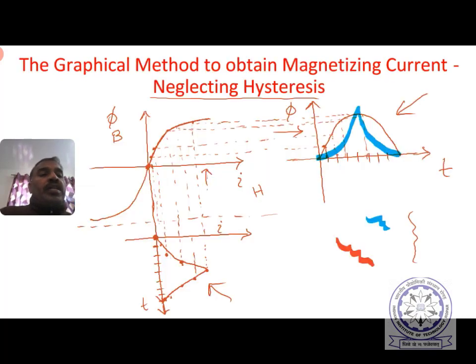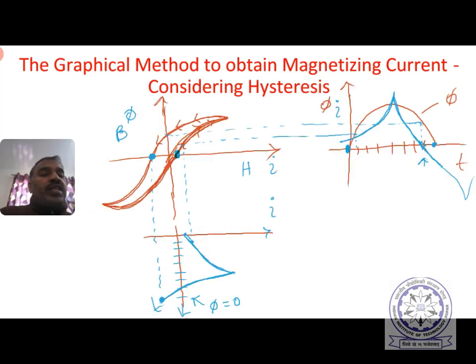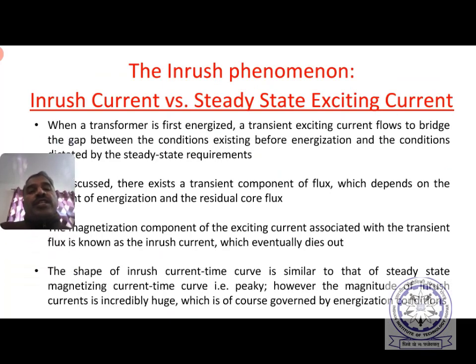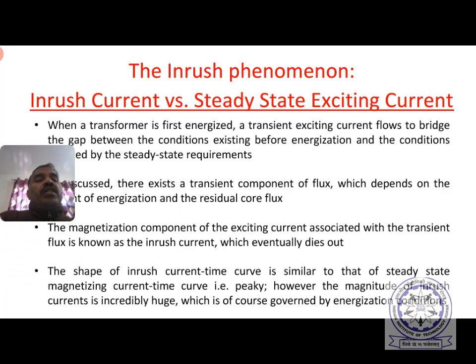Please remember, until now we are dealing with steady state currents only. So this is the graphical method to obtain magnetizing current considering the hysteresis. Now next is the inrush current phenomenon. Inrush current is also related to magnetization current, but it is under transient condition, meaning sudden switch on.